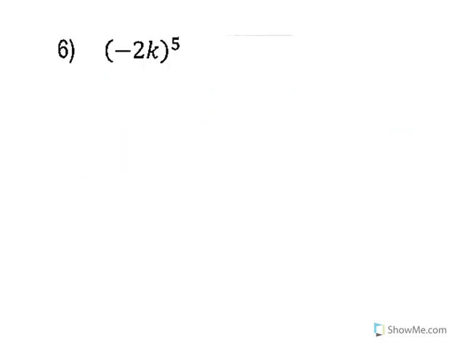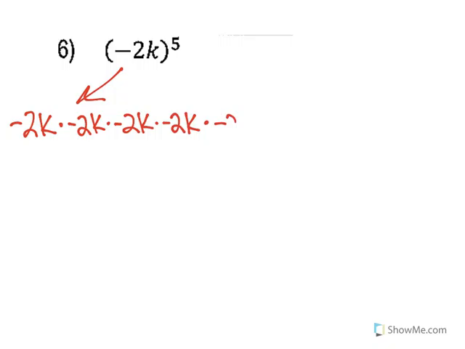On number 6, I can do the slow way. Write negative 2k 5 times. Or, now be careful with this. The negative 2 needs to make sure to stay in that parentheses because of that negative sign. And then k to the 5th.